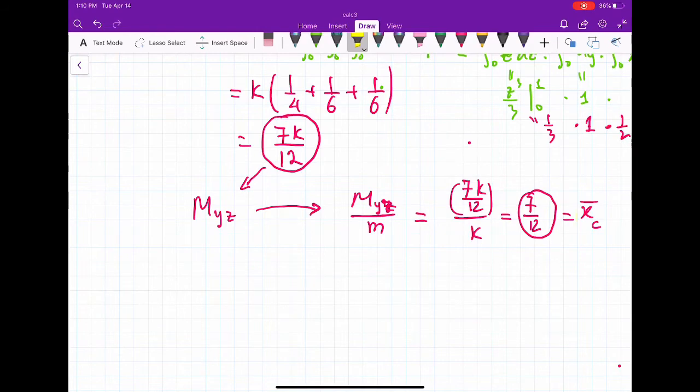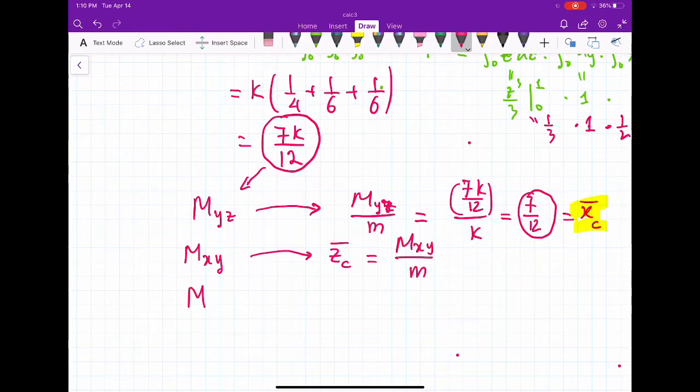And of course, similar to this case, you may find m of xy, and this gives you the z coordinate of the center, which is equal to m xy divided by m. And you need to find m of xz in here, so you get the y coordinate of the center, that is equal to m xz divided by m. Sorry, I first wrote m xy, but I think this is m of xz because we already have xy.